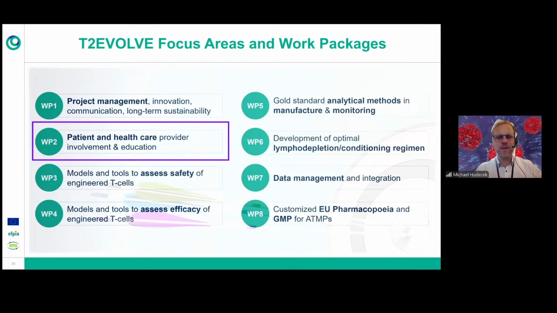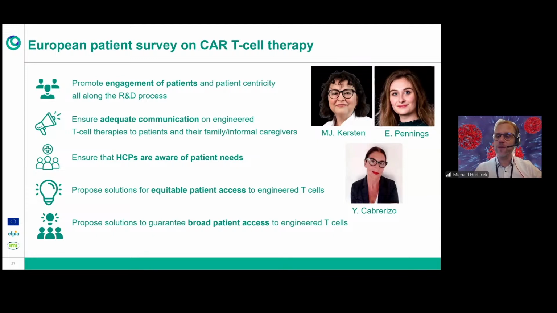T2Evolve has conducted a large survey amongst patients that have received CAR T therapy in order to understand what was the level of information, what was the patient experience, and in retrospect, what would patients desire to know better and to know more before they go into the CAR T-cell journey, in order to help us improve the patient experience, but also the ability of healthcare providers at all professional levels, physicians, nurses, but also family healthcare providers to support our patients.